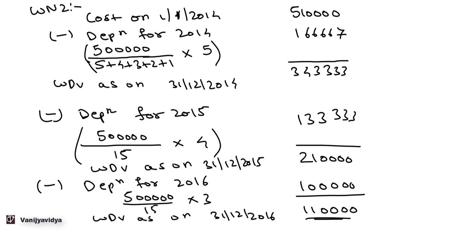Then whenever we multiply this by 5, that is number of remaining years including the current year, we take the proportionate number instead of this complete year. For example, if the asset is purchased somewhere in between, then we find out what is the proportion.